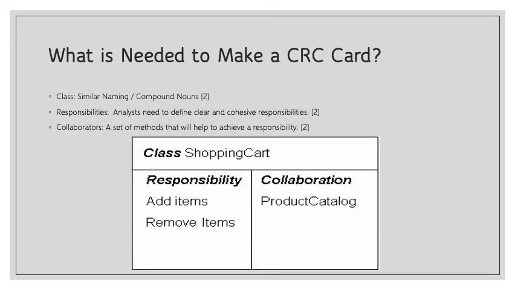What is needed to make a CRC card? Class. Typically, when you are naming a class, all of the classes have similar naming, but sometimes you're not going to be able to use one word. So we use compound nouns, and an example here is shoppingCart.